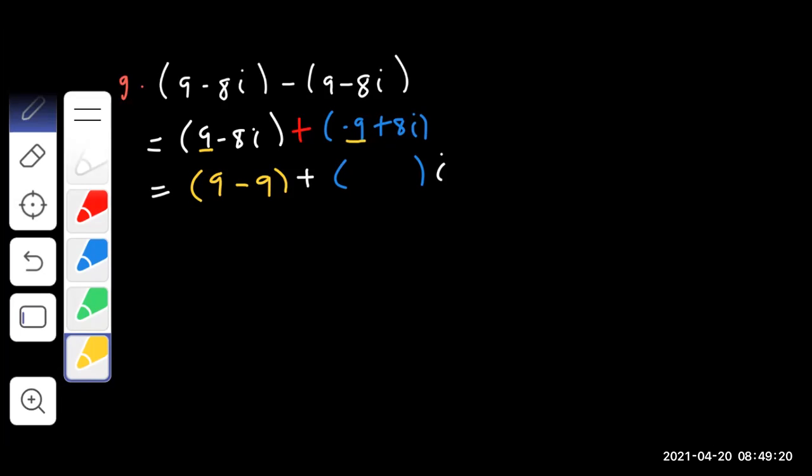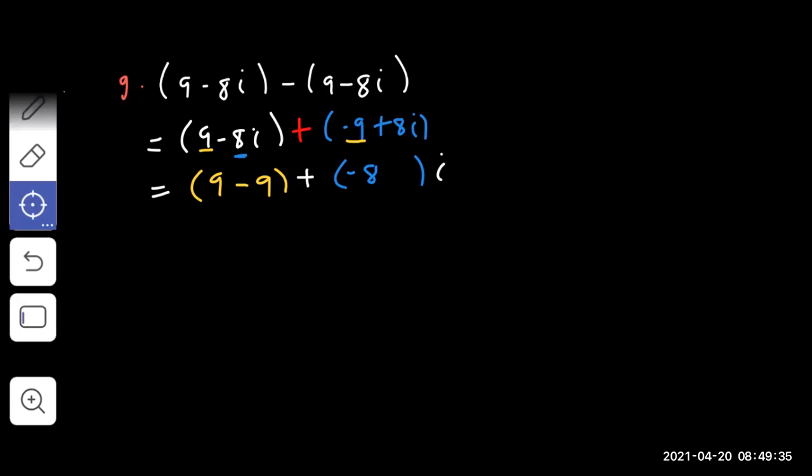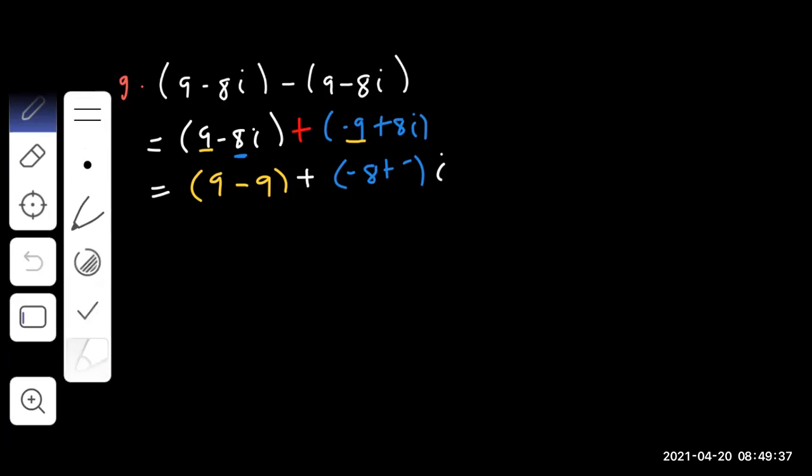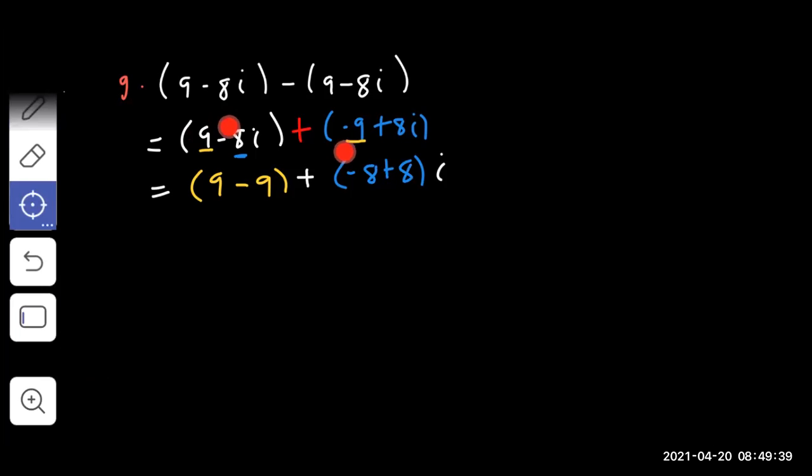Negative 9. And what is the imaginary part of the first complex number? Negative 8i, correct. And the imaginary part of the second? Positive 8, right? Real parts, these ones, and imaginary parts, these ones.